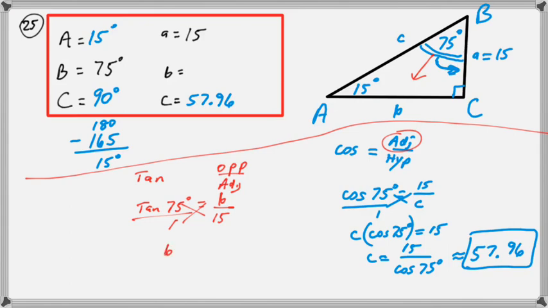Cross multiplying makes b into 15 times the tangent of 75 degrees. 15 times tangent 75 degrees gives me 55.98. I think they want sides to 2 decimals.